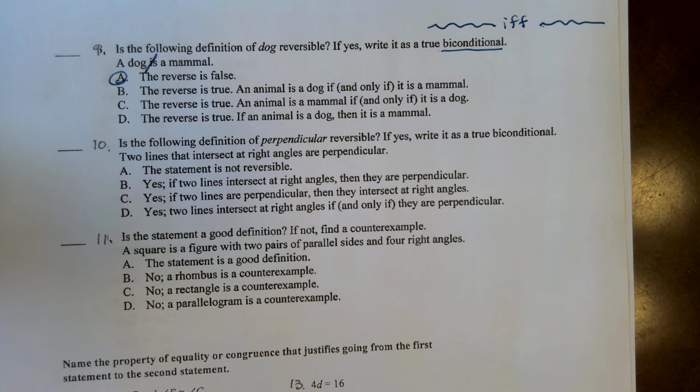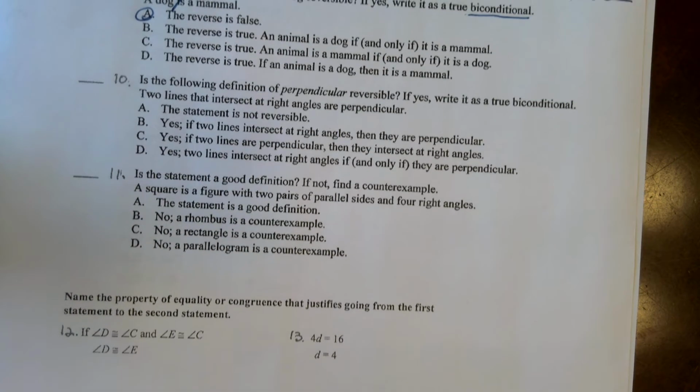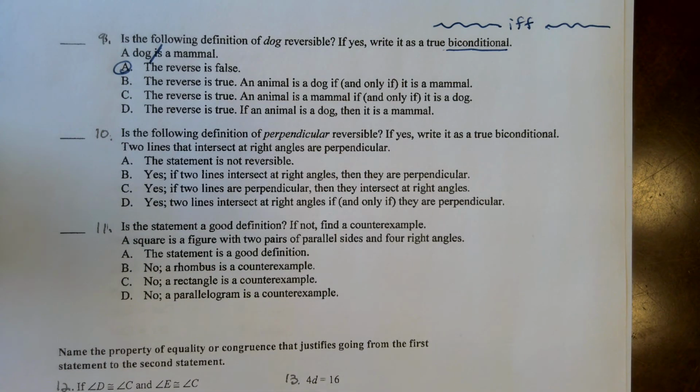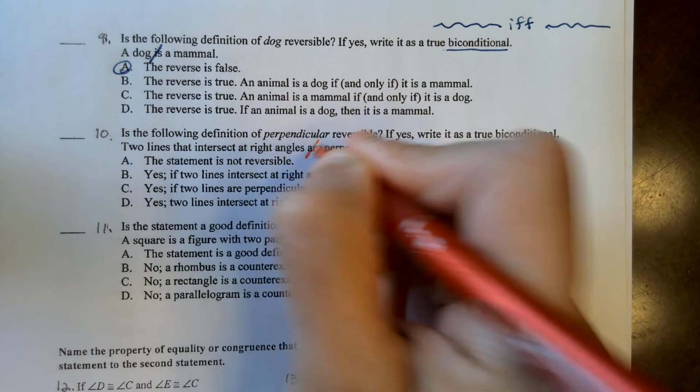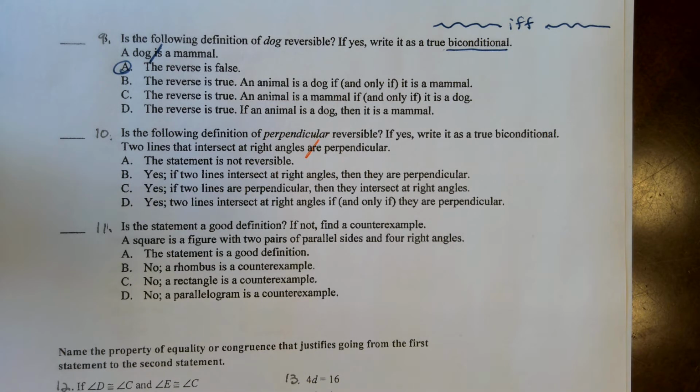Next one. Is the following definition of perpendicular reversible? If yes, write a true biconditional. Two lines that intersect at right angles are perpendicular. Again, find the verb so you can see your if-then clearly. So I have if two lines intersect at right angles, then they are perpendicular.